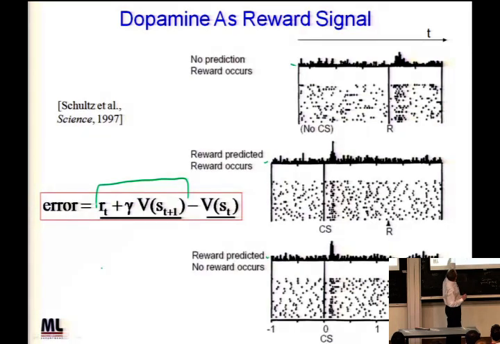So this is basically the error signal that we use in our reinforcement learning algorithms for V and for Q. Well, for V in particular, to update our V table. That explains what's going on.